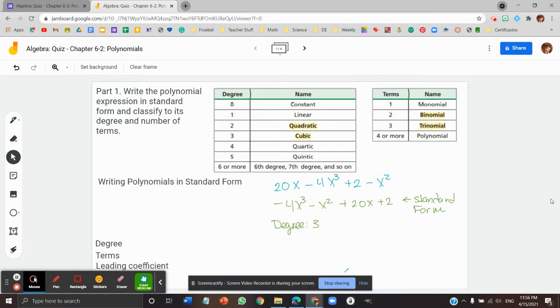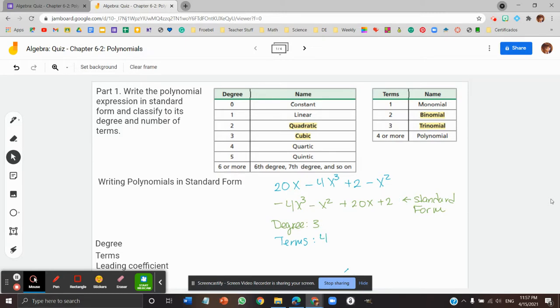How many terms do you have? Remember that the terms are always separated by addition or subtraction. If they're being multiplied, everything is 1 term. So we have 1 term, 2 terms, 3 terms, 4 terms. We have 4 terms.